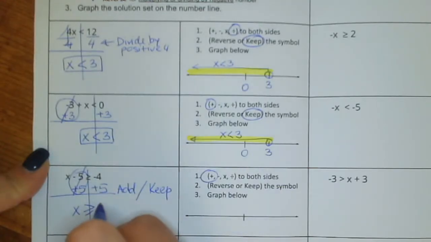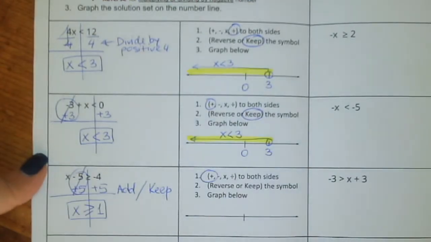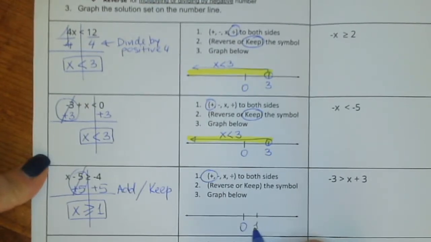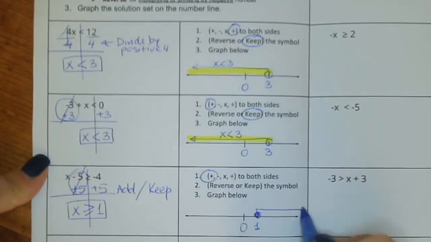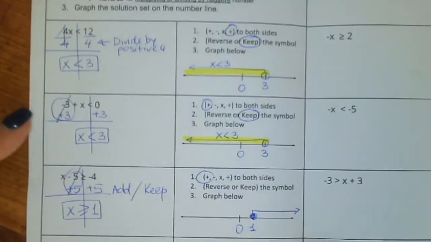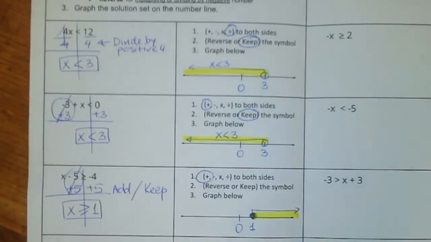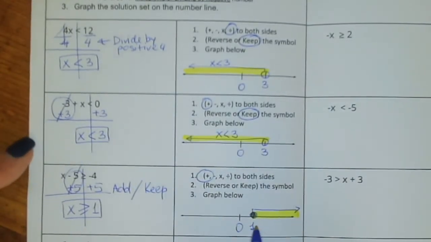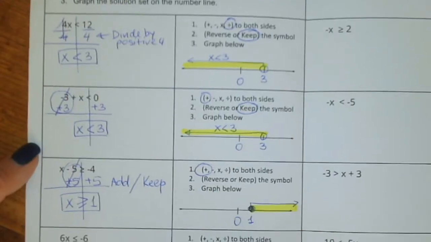Negative 4 plus 5, different sign. Subtract, keep the sign of the bigger number, and it's 1. So where are the numbers greater than or equal to 1? We need to include the solution, solid circle at 1, and greater: 2, 3, 4, 5, 6, 7, all the way to infinity. On the right of 1, solid circle for the equal sign.